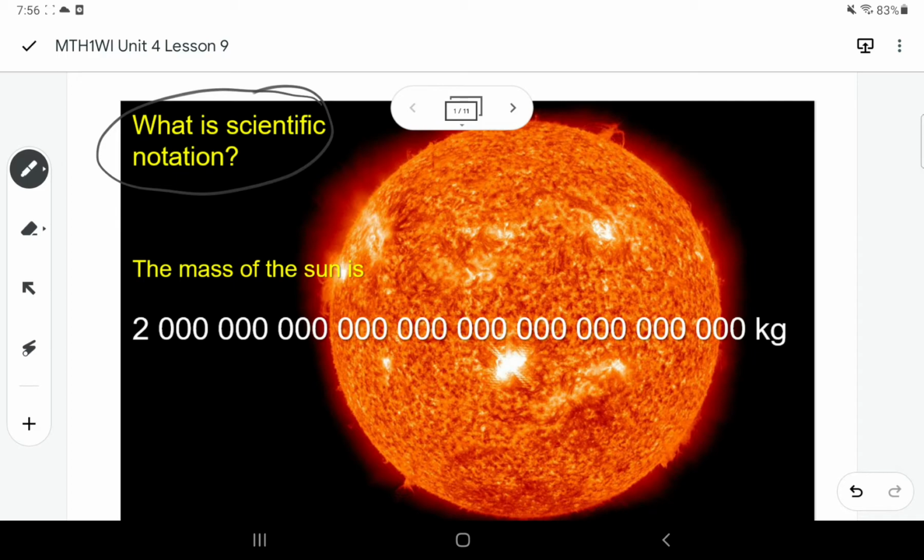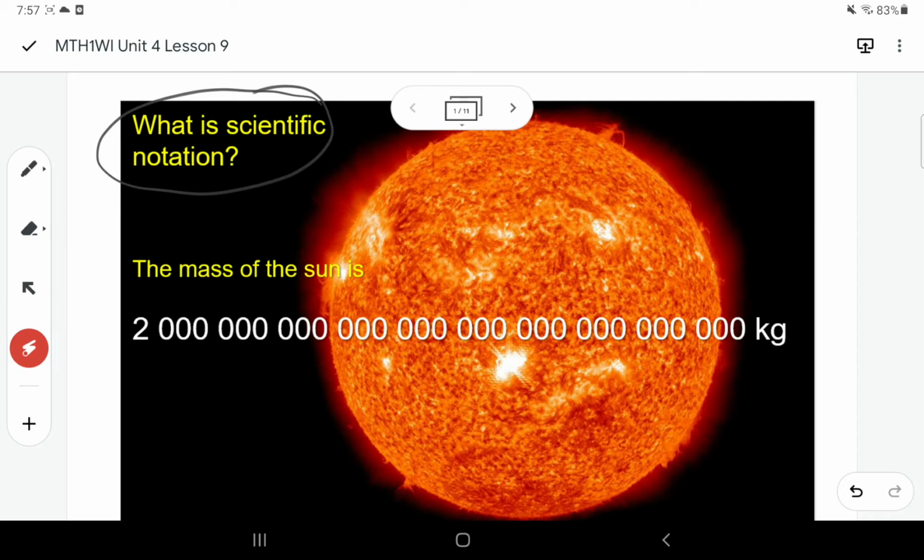So scientific notation is basically a way of representing typically really big numbers in a more compact way. It's called scientific notation because a lot of the time science deals with really big numbers or really small numbers.